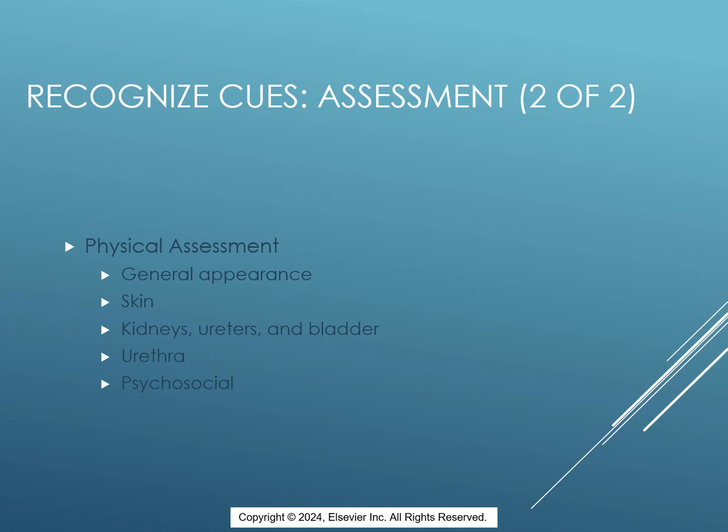Kidneys, ureters, and bladder. We're going to listen. Auscultation over the renal arteries for bruits may indicate renal artery stenosis. We're going to inspect: look for asymmetry, swelling, discoloration in the flank region, CVA area. Palpation is usually done by the primary physician.